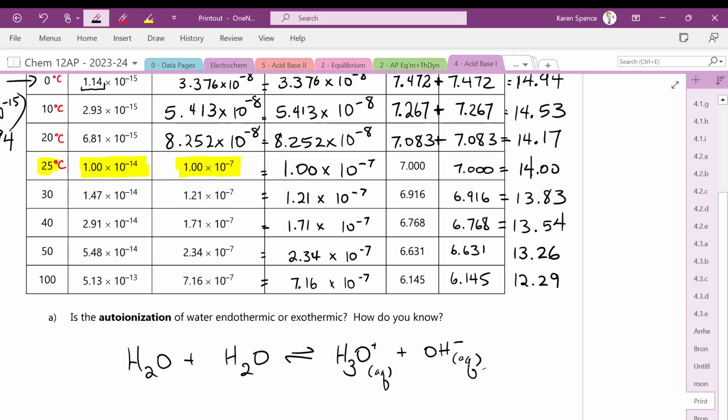And chat with me about what the answer to that question is. What do you think? What's happening is we're increasing the temperature. What's happening to our ion concentration as temperature gets bigger?